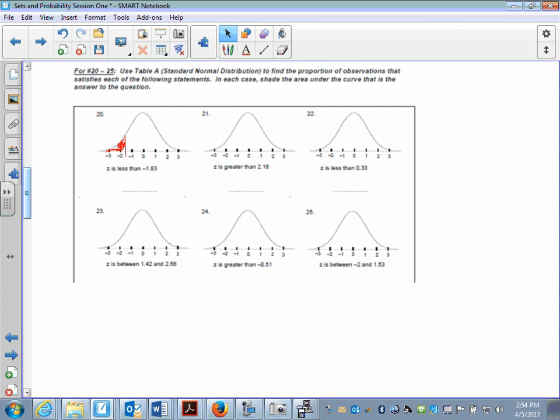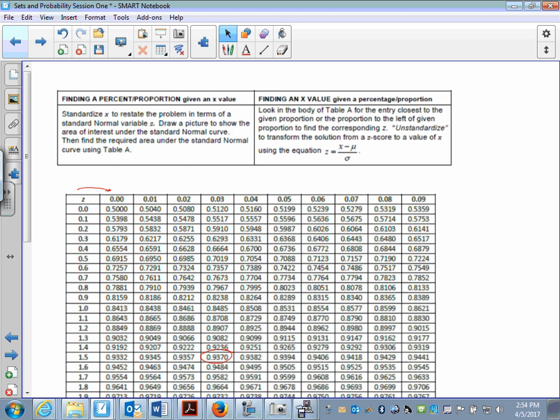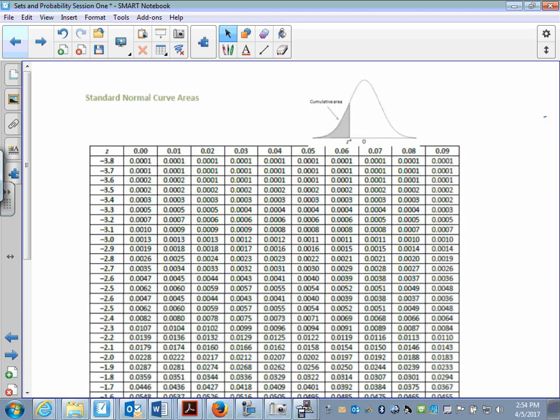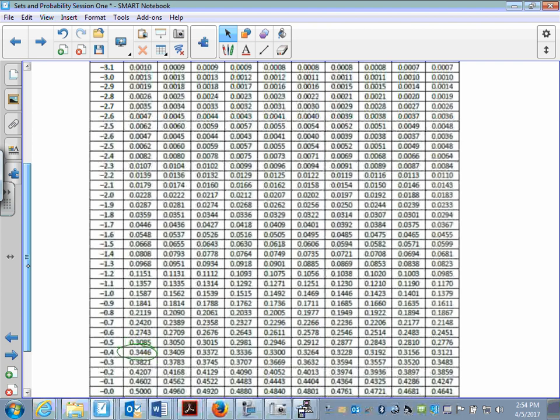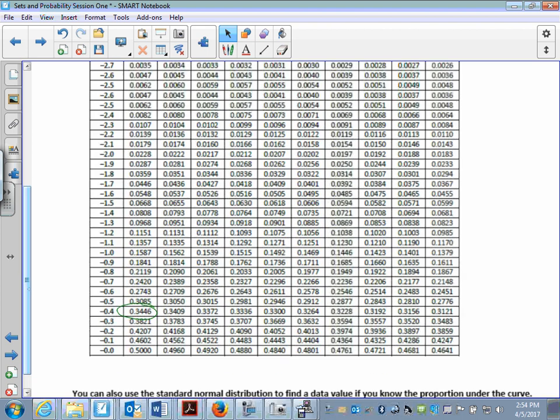Now, what we're going to do is look for negative 1.83 in the standard normal table. Negative 1.8 is here.